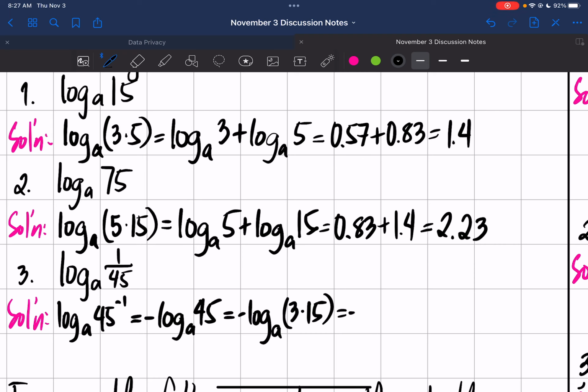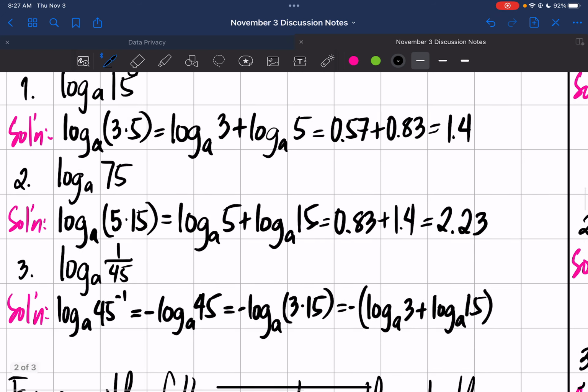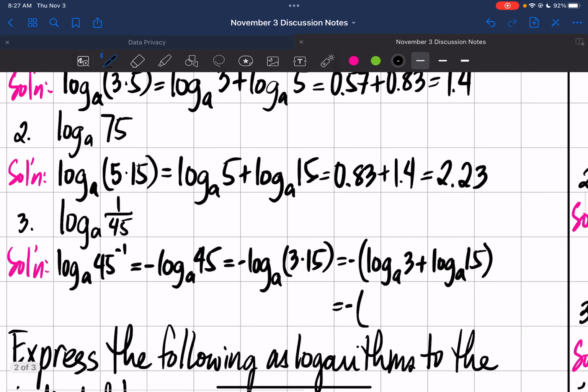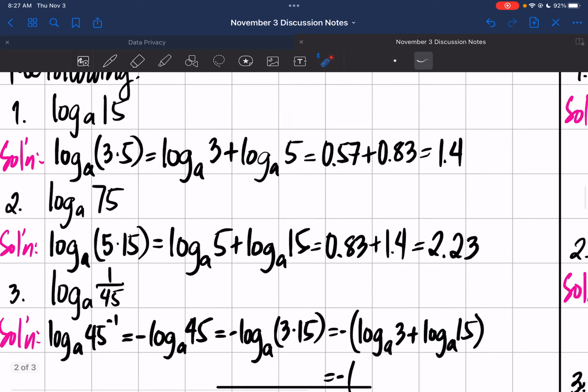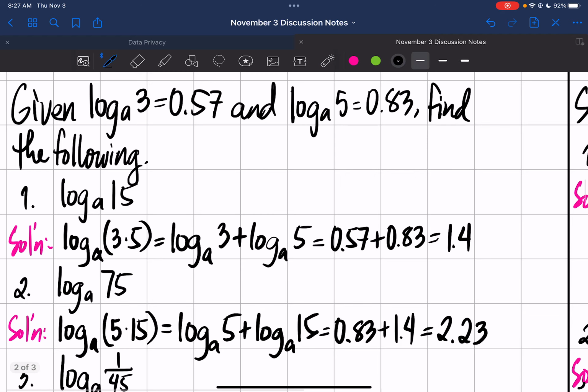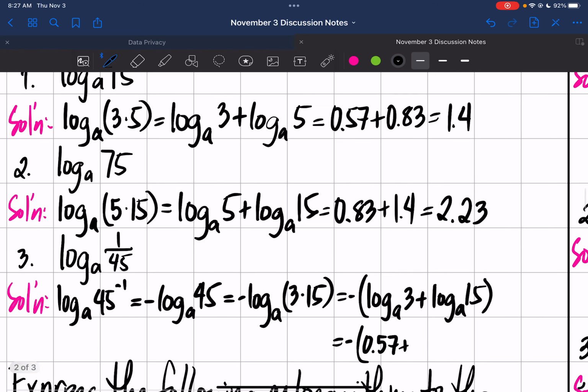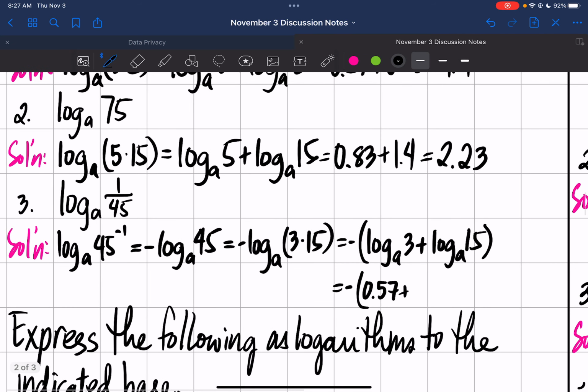And this one is negative of log of 3 base a plus log of 15 base a. This is by the product rule. So we get here negative of log of 3 base a is 0.57 plus yung log of 15 base a is 1.4.